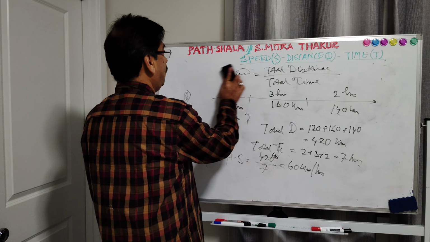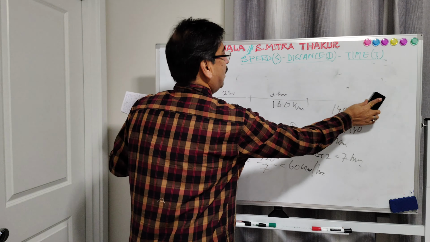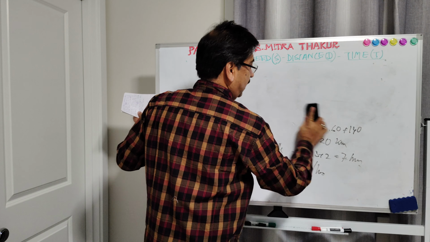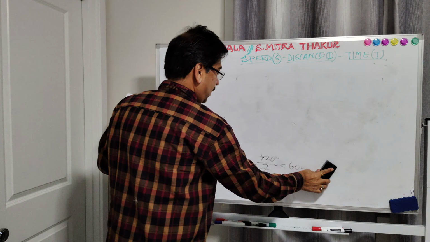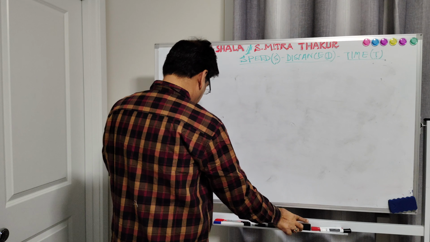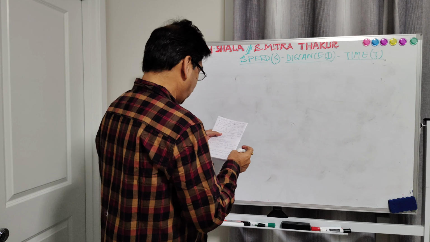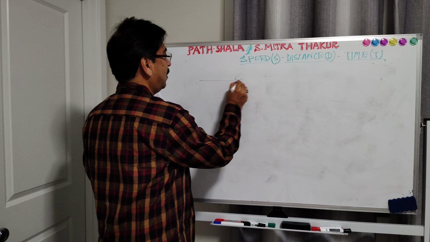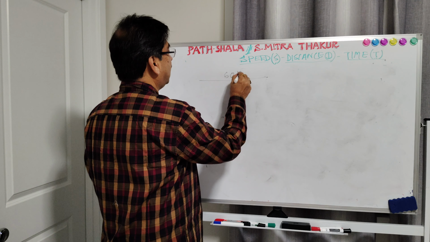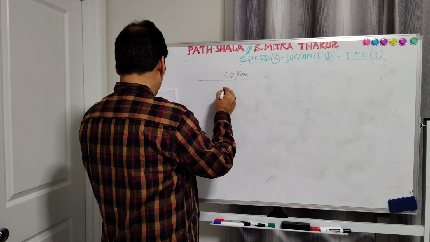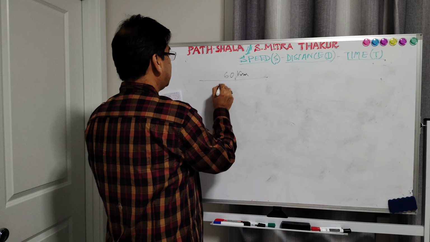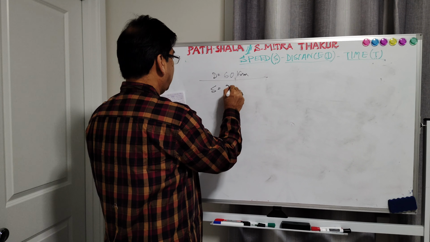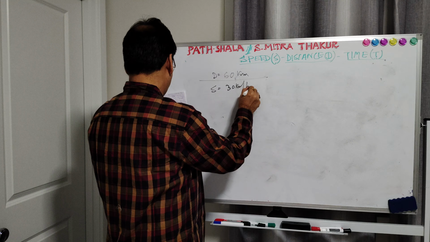So I will do another math from this average speed. Then I think it will be clear to you how to calculate the average speed. A man covers 60 kilometer of his journey at 30 kilometer per hour. Suppose a man covers a 60 kilometer journey at a speed of 30 kilometer per hour.